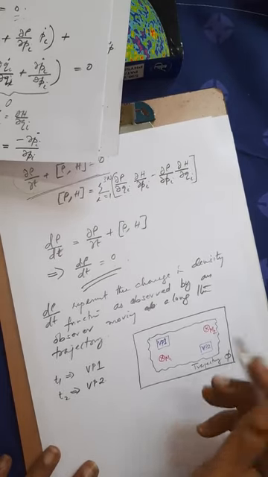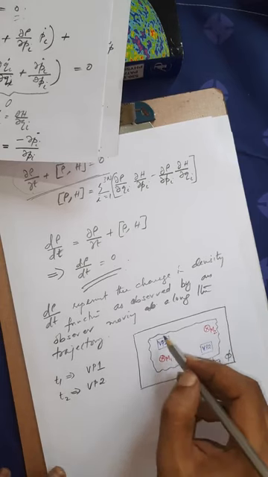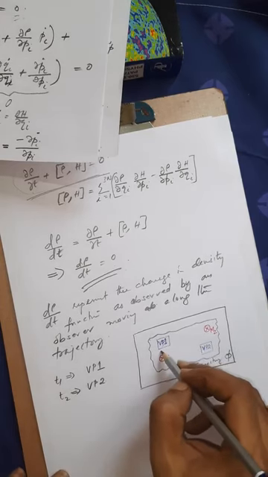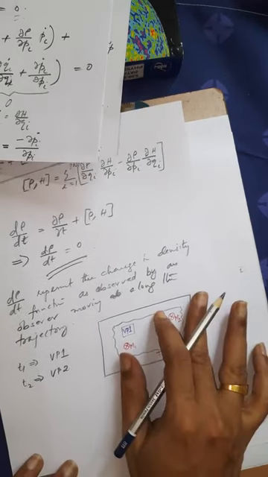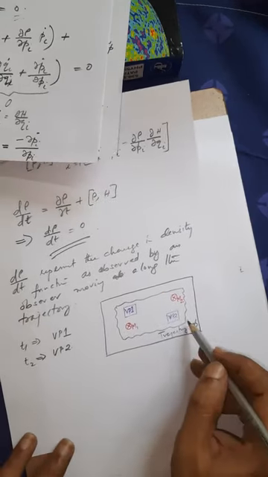Which means what? I am actually moving along this trajectory. Initially I was here, and after some time I reach this second viewpoint.